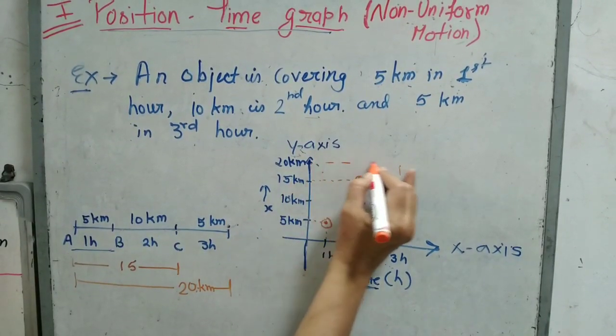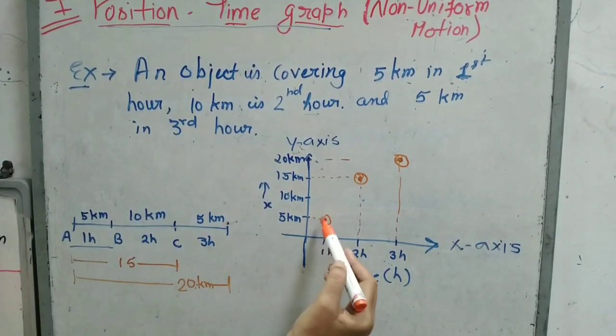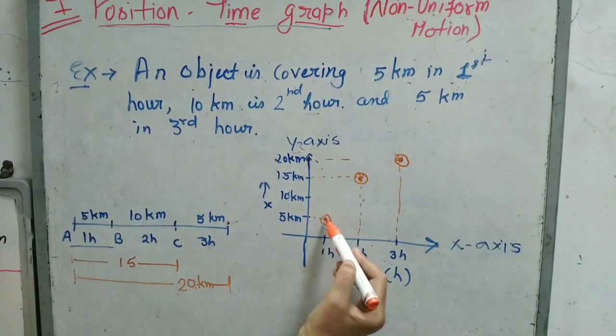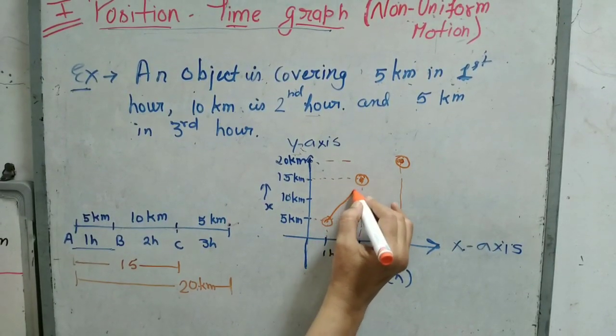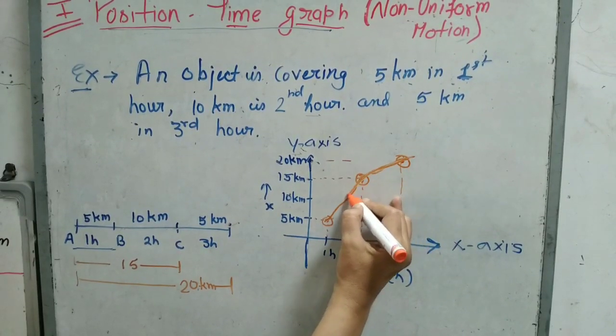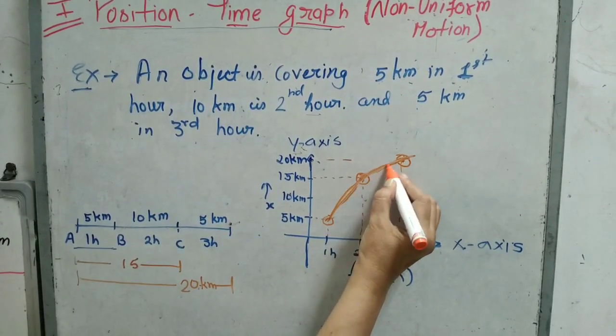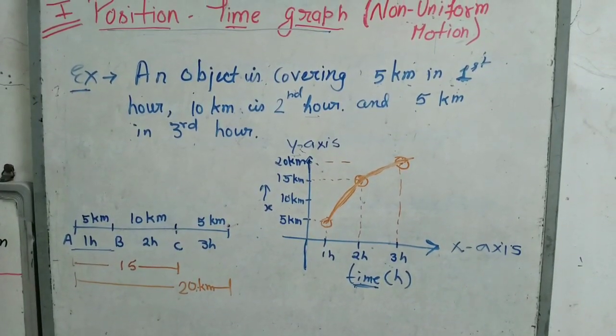We will join. This will be the point. Now if we want to join this, can you find a straight line? No, it is not a straight line. See, this line is turning, correct?